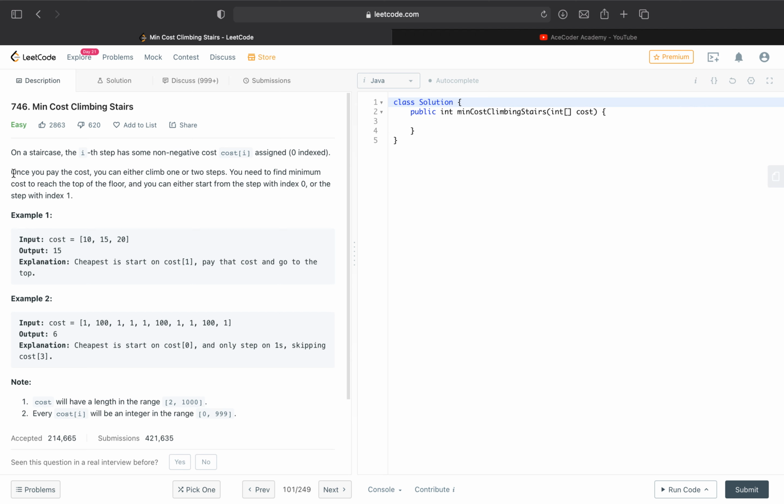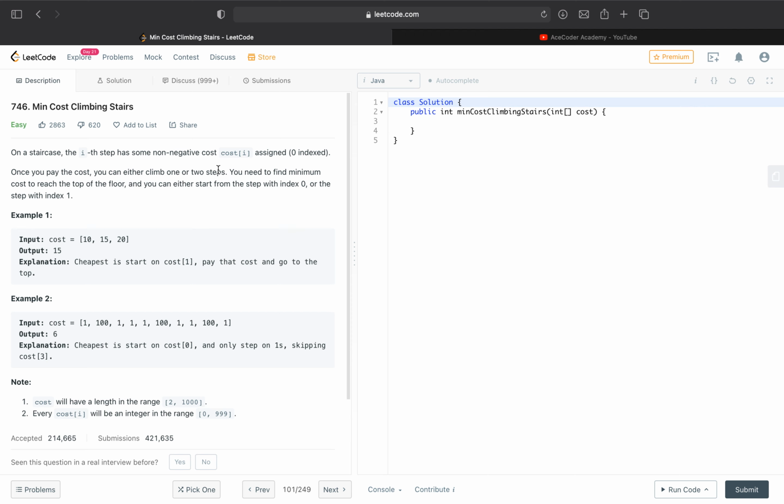So let's move ahead. Once you pay the cost, you can either climb one or two steps. So if we are standing on a particular index, we have two options: we can make one step ahead or two steps ahead.